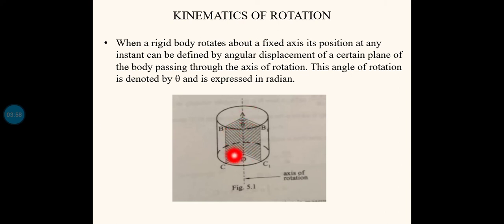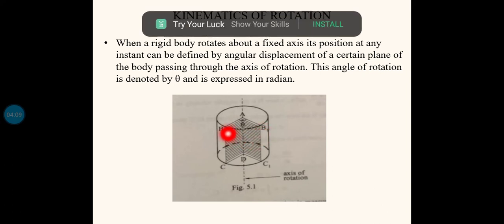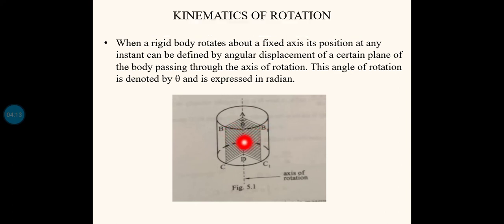You can see a plane ABCD in the three-dimensional case. Usually in the 2D case there won't be any plane. So you can assume a plane. Once it rotates about a circular path, this plane is actually moving along this curved path, and its new position is AB1C1D.